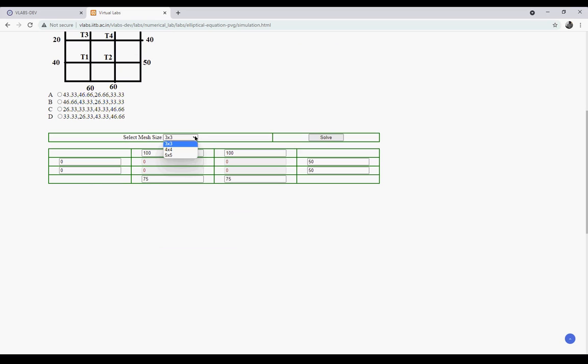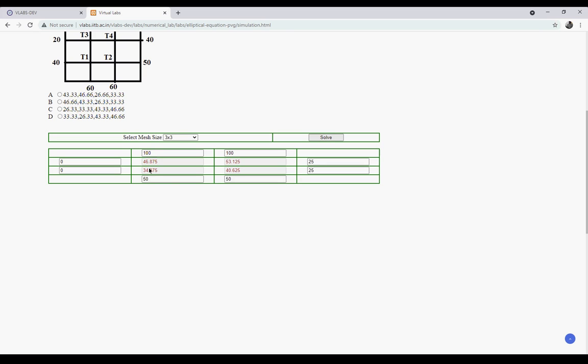So mesh size is available 3 by 3, 4 by 4, and 5 by 5. So you can use any mesh size. This was 25 and this was 50. Okay, and I can hit solve.